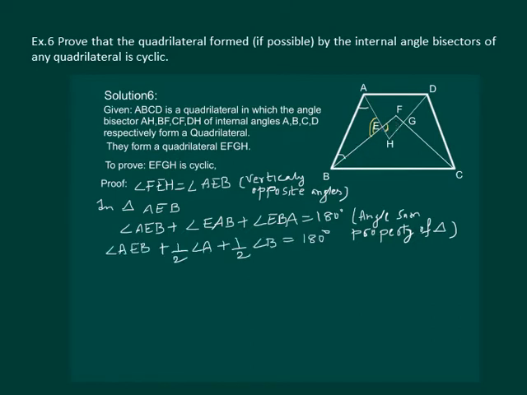Now our equation changes to this one. We substitute angle EAB equal to half of angle A and angle EBA equal to half of angle B. This gives us angle AEB equal to 180 degrees minus half of angle A plus angle B. Also, we have angle AEB equal to angle FEH.